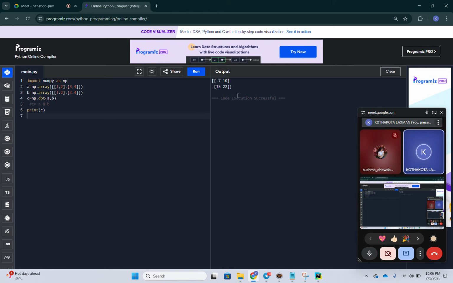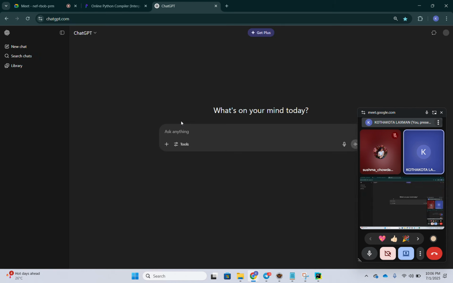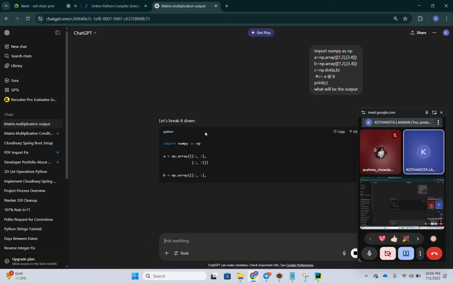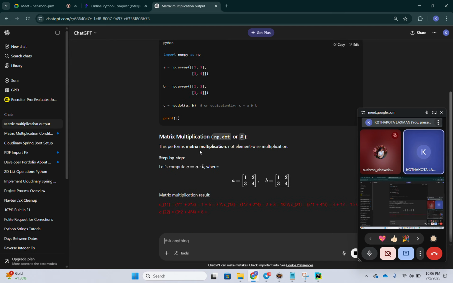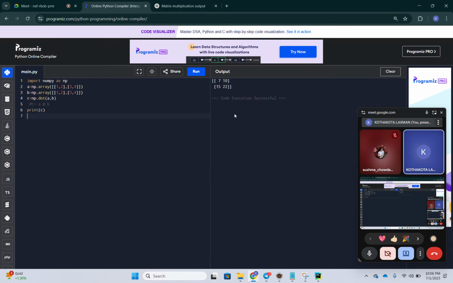Hey, we got the output. Generally, I'll check in ChatGPT what the output should be. See, 7, 10, 15, 22. So we got the output.